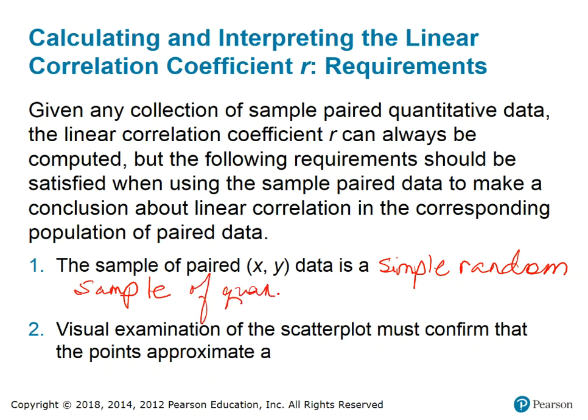If one of my lists was words, I cannot do a linear relationship with that. No categorical or qualitative data. It must be quantitative. My second requirement is when I look at the scatter plot, I must see that straight line pattern. If it doesn't give me that straight line pattern, I shouldn't run this test.